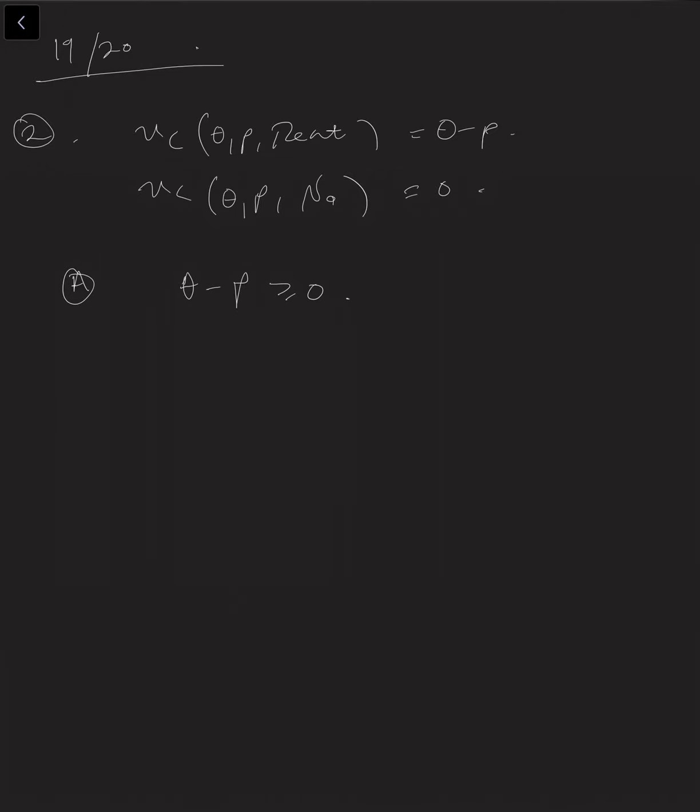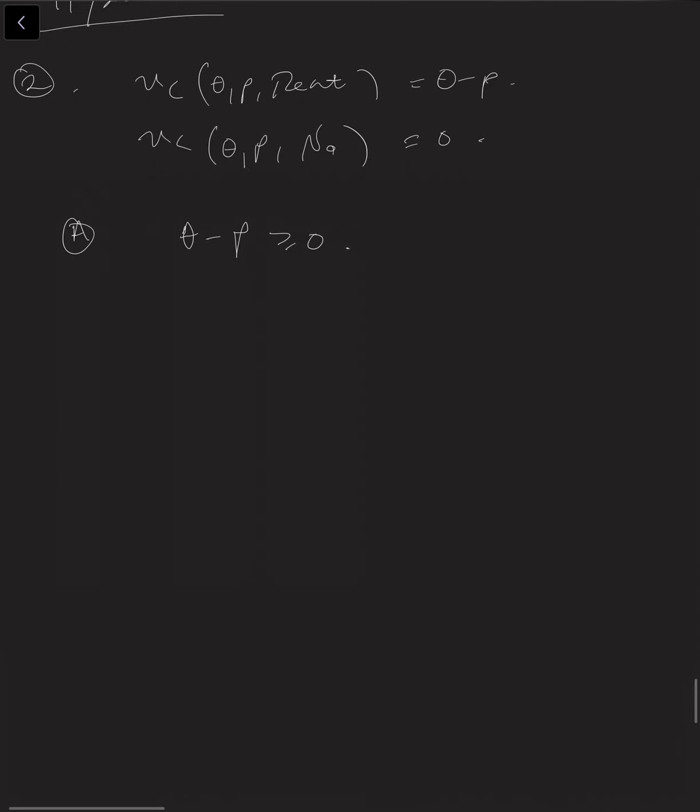So naturally they'll rent only if theta minus P is greater than or equal to zero, and so we get that type theta rents if that type is greater than or equal to the given price P.